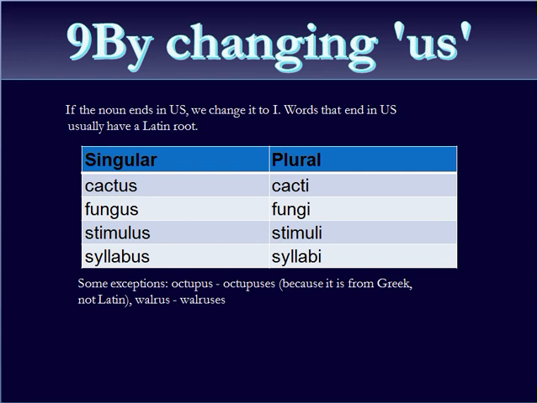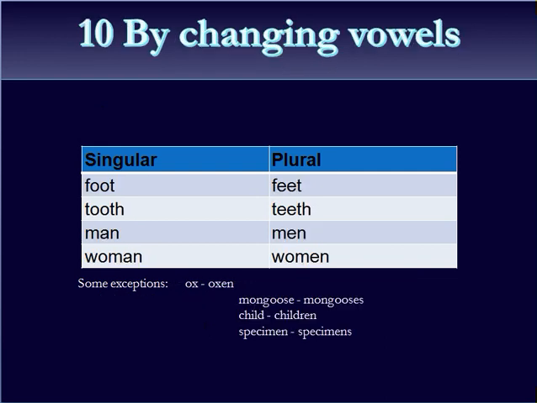Okay, there are some exceptions because these are irregular plurals after all. They do not follow any rules. So the exception is octopus and octopuses, because it is from Greek and not Latin, and walrus and walruses. So let's come to the next point. By changing vowels, we have already seen this in the slide about irregular plurals, so it's repeated here again.